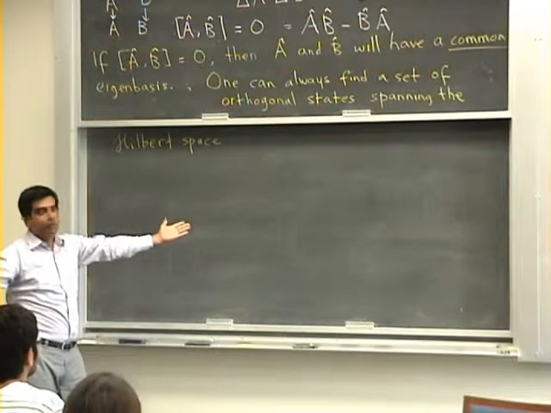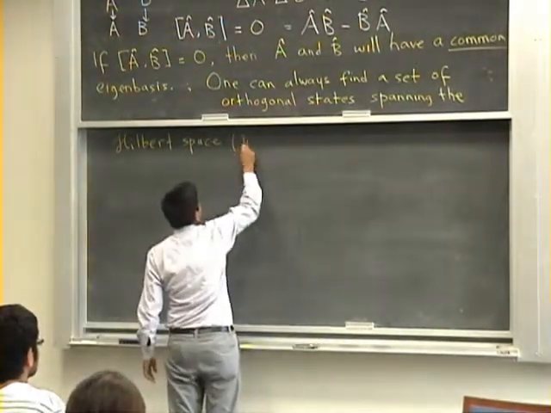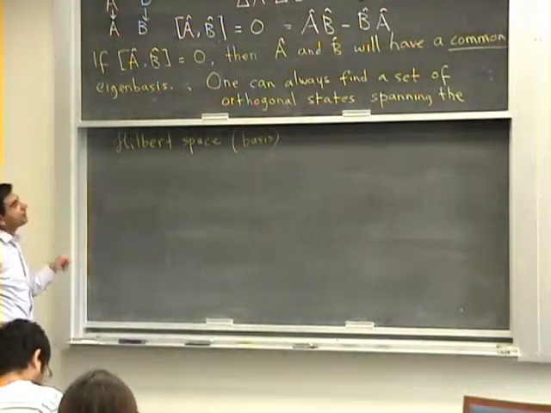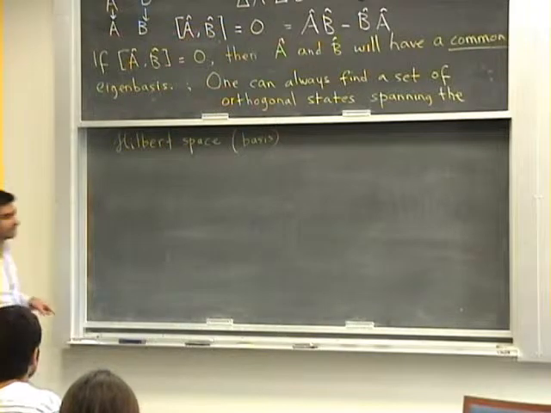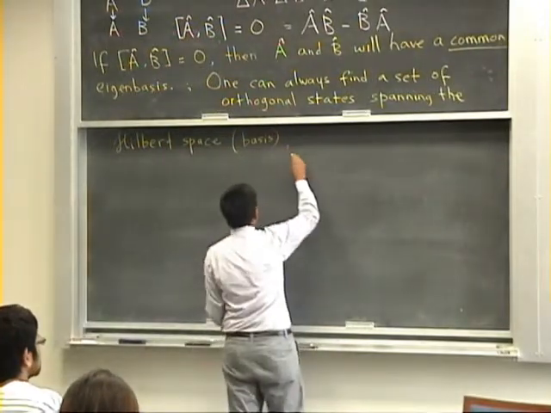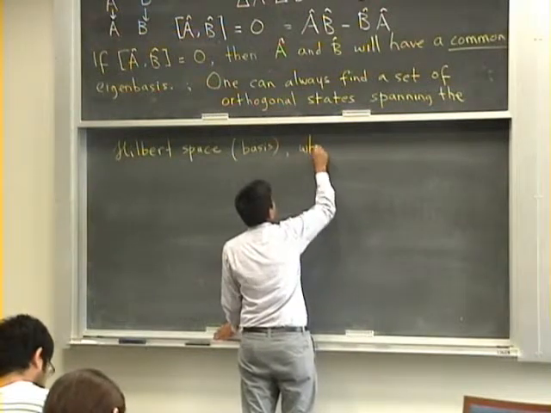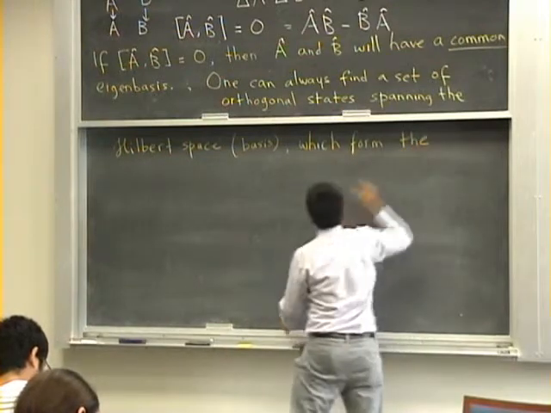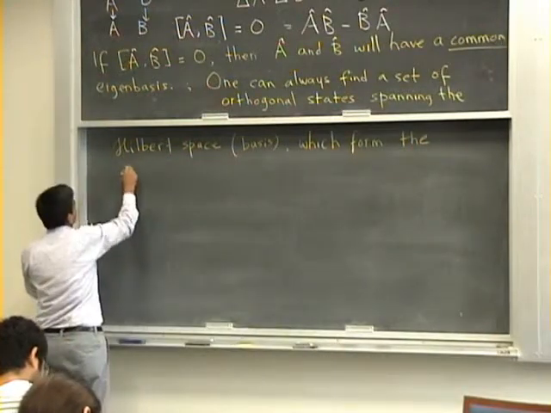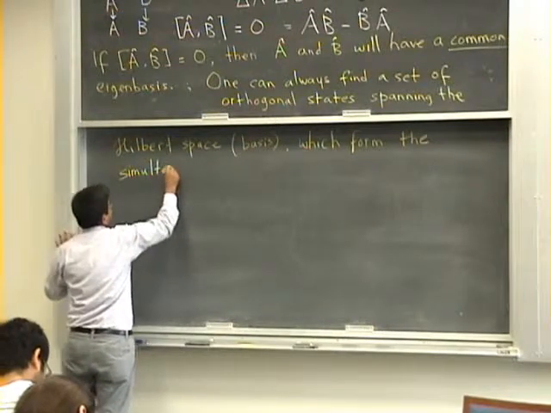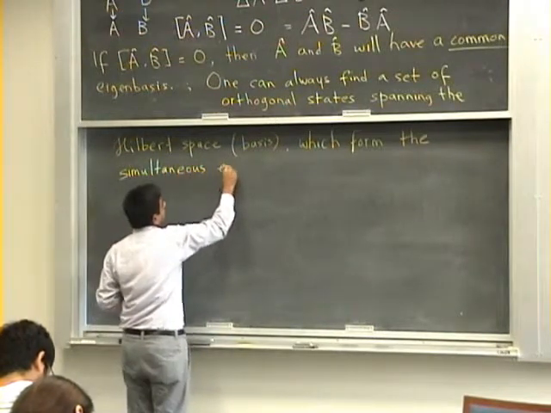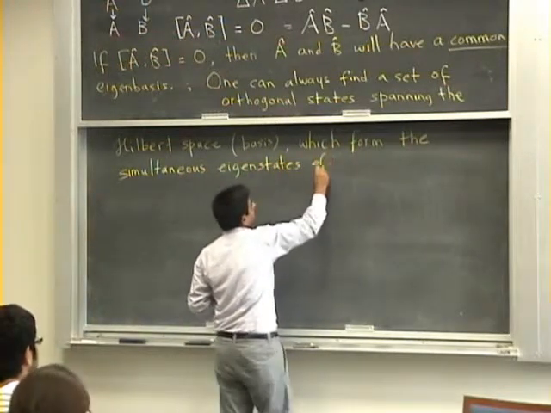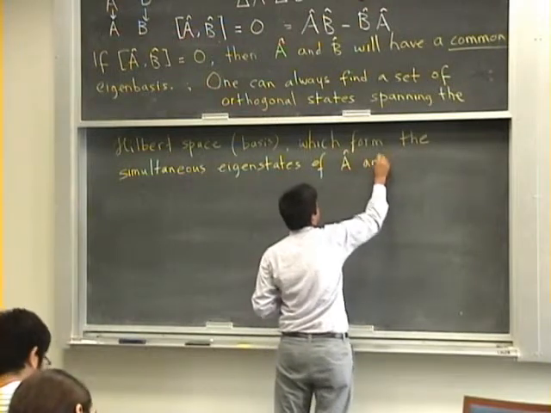Such a set of orthogonal states is also called a basis. One can always find a set of orthogonal states spanning the Hilbert space which form the simultaneous eigenstates of A and B. And I'll explain this in a minute.